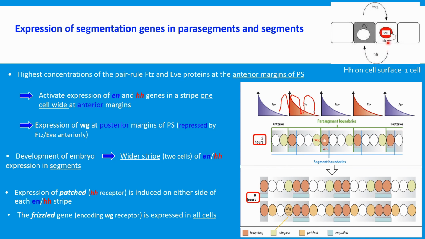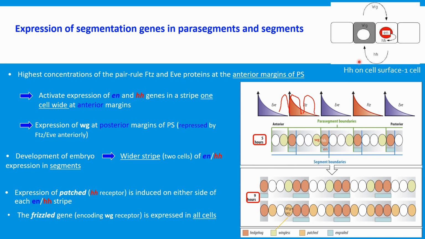And hedgehog is actually on the cell surface here, so it can only activate one cell thick and activate wingless in this cell. Why at only this side of the parasegment, right? So here is the parasegment boundary with engrailed in the anterior-most cell and activating wingless in the neighboring parasegment most posterior cell. Why it's only here and not here is presumably due to expression of repressors, the pair rule genes here that will stop wingless expression.